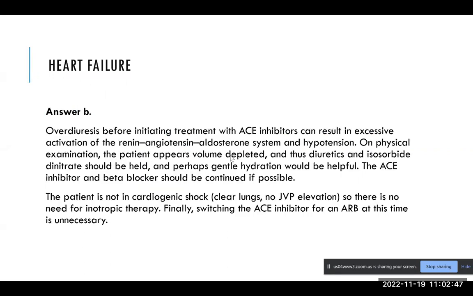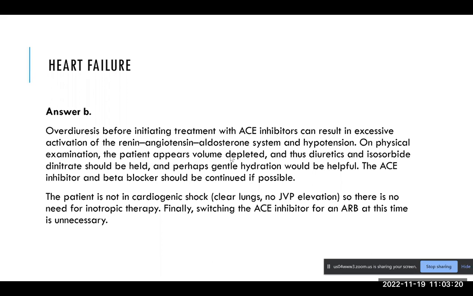So excellent. Overdiuresis before initiating treatment with an ACE inhibitor can result in excessive activation of the RAS system and hypotension. This is common. We see this especially in the first admission with heart failure. Many patients will go into hypotension and acute kidney injury because we sometimes overdiurese the patient in the first session.